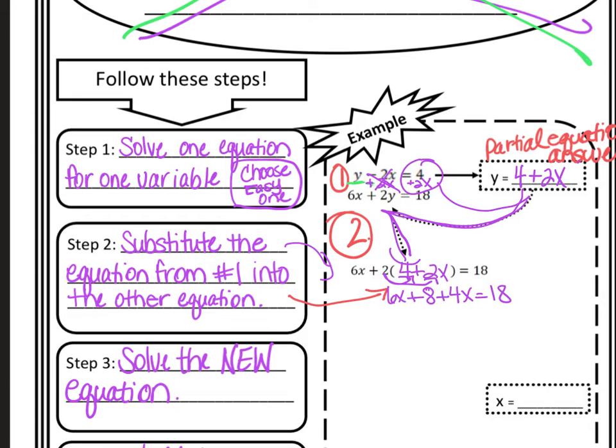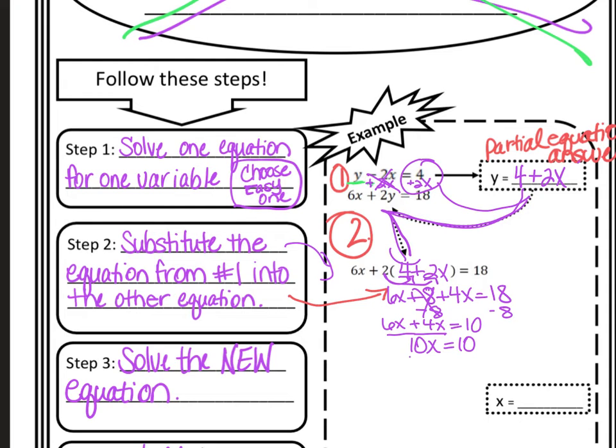Now, I'm going to combine my like terms and move my whole number over first. So minus 8, that cancels, and that gives me 6x plus 4x equals 18 minus 8 is 10. 6x plus 4x is 10x equals 10.